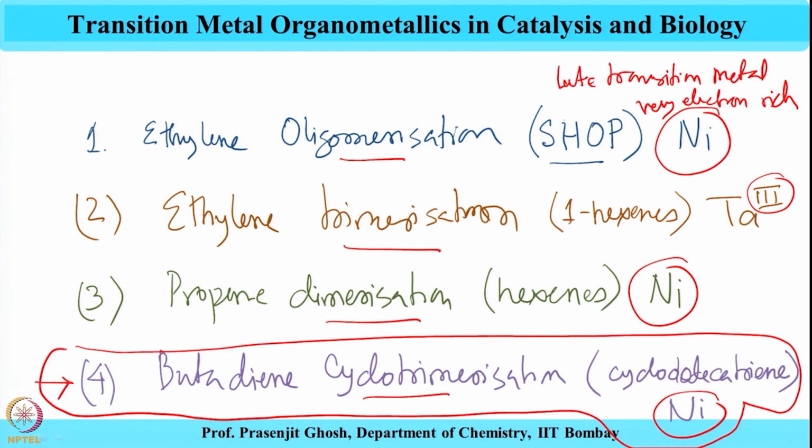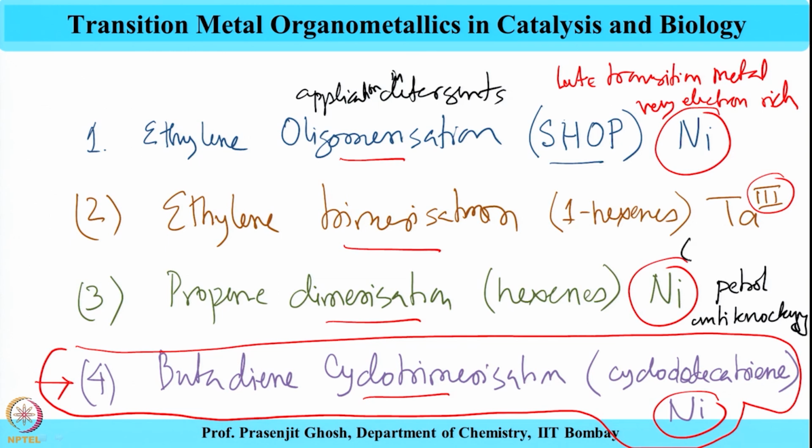One thing to note, before I proceed further, in terms of application: SHOP is applied for preparing detergent ingredients, an application in the detergents industry, whereas this propene dimerization giving branched hexenes finds use in the automobile industry, because they are used for producing petrol of high quality with anti-knocking properties.